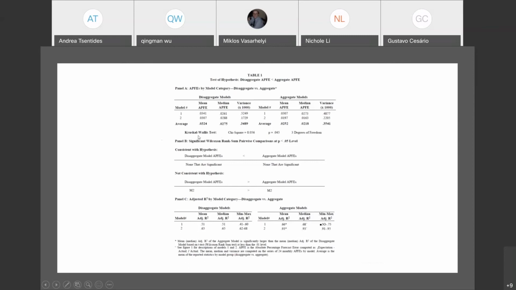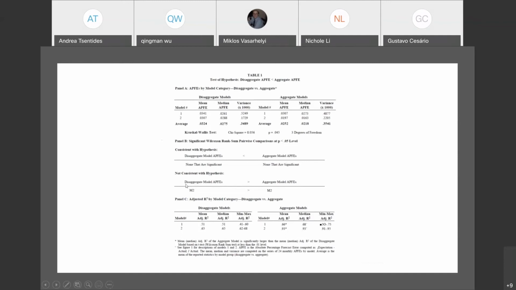To test what kind of significance there is, they performed the Wilcoxon pairwise comparison test, which found really no significant difference consistent with their hypothesis when they looked at the errors between the disaggregate model and the aggregate model. But they found that, just like we saw above, the aggregate model for model 2 was better at predicting the balances, which is actually not consistent with the hypothesis.